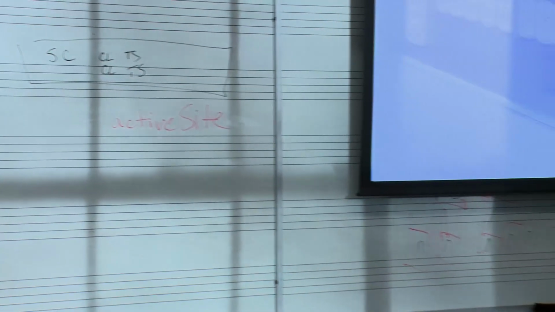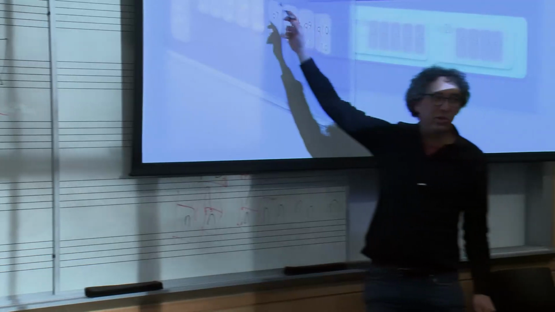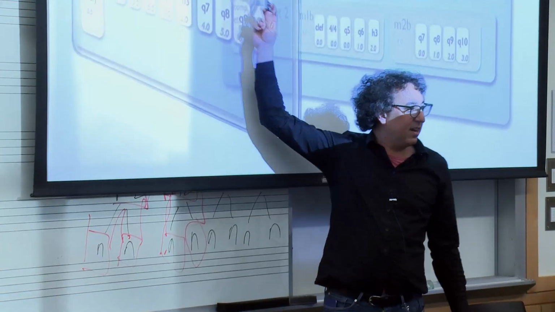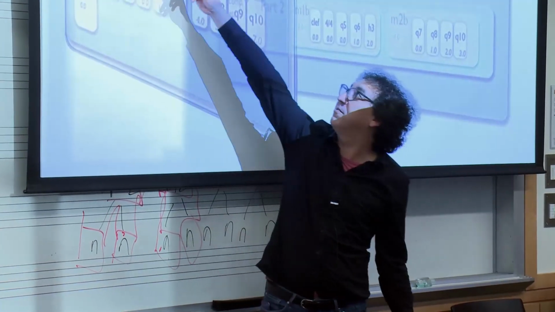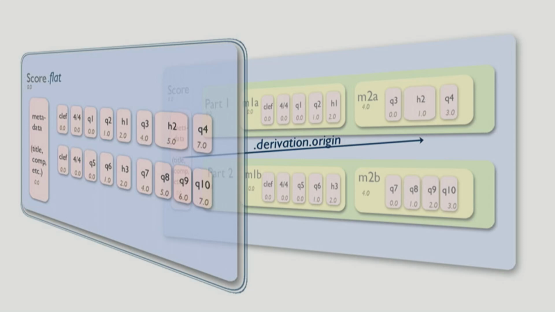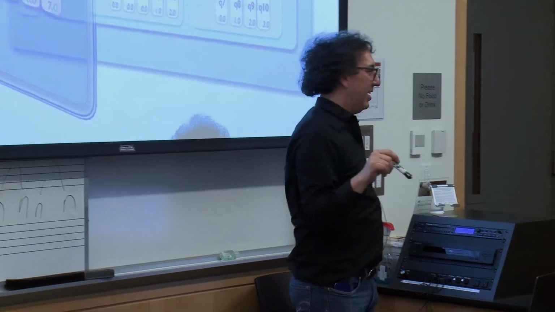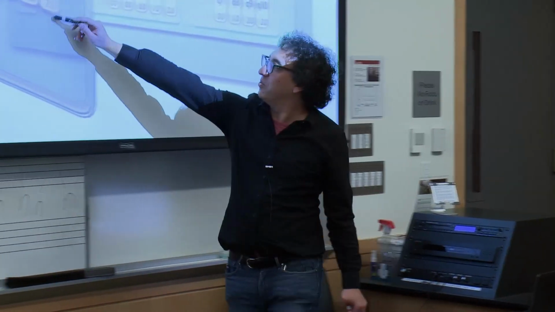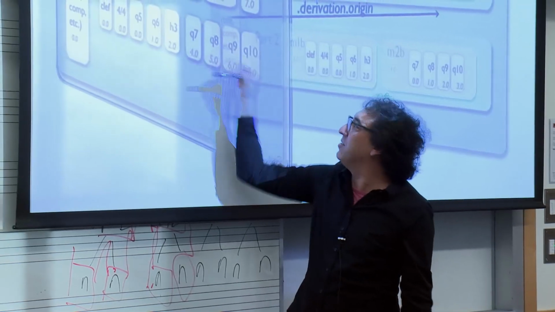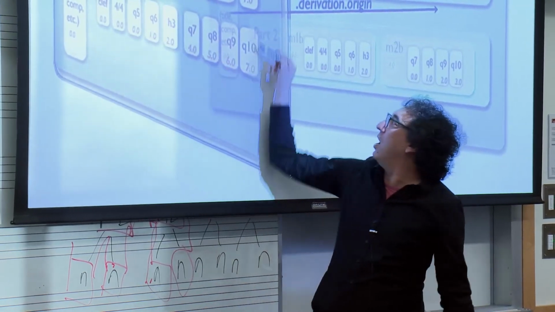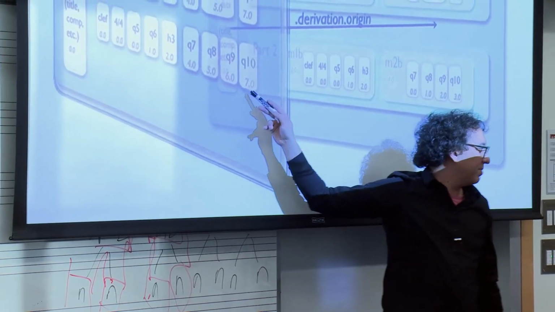You will find that often you're looking at something in a flattened stream, and you want to know something about, say, Professor Cuthbert said, get me all of the notes between offset 5 and 7 and tell me what measure they're in. Shoot, we've gotten all things between 5 and 7 from the beginning of the score, but we've lost all the measure information.